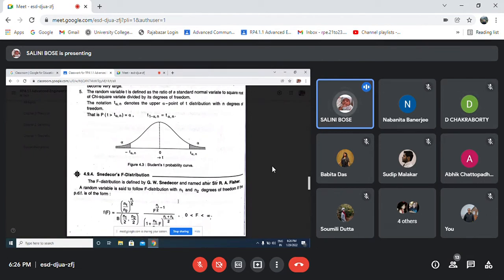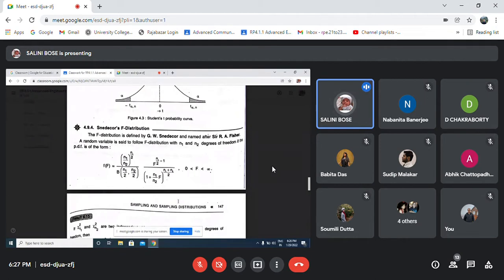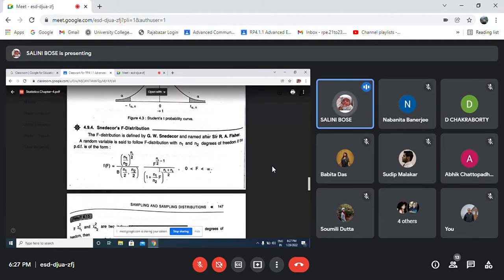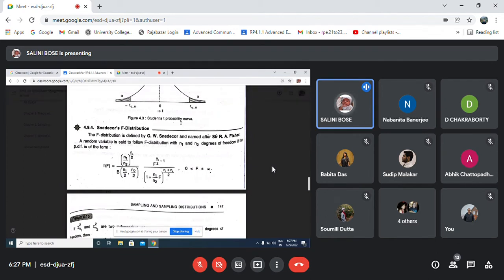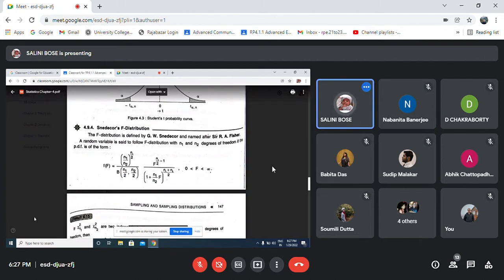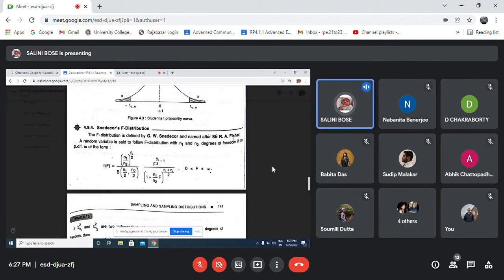Okay. Now we are going to the F distribution. The F distribution is another sampling distribution, the sampling distribution of variance, like chi-square. The T distribution was the sampling distribution of the mean, whereas the F distribution is the sampling distribution of variance. The F distribution was named after the scientist Sir R.A. Fisher, and it was defined by Snedecor, and that is why it is called Snedecor's F distribution.